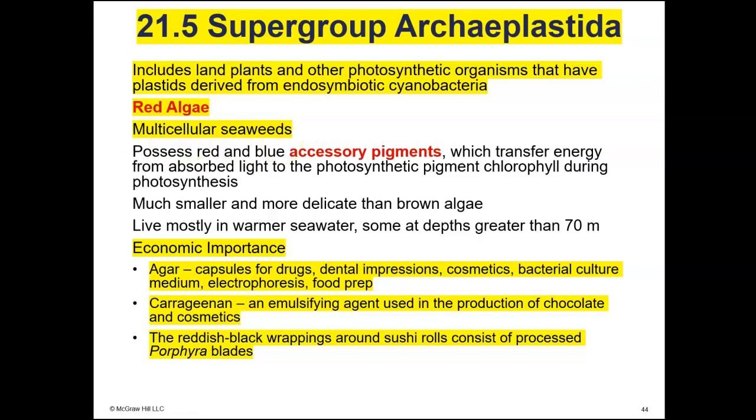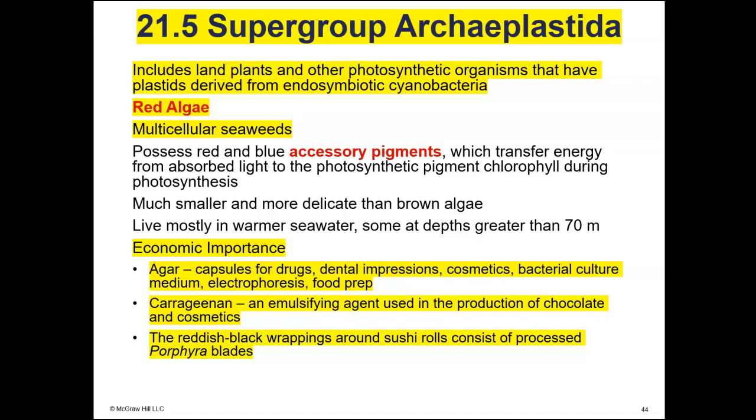The economic importance of the red algae is that they're used to produce agar, which we have used in class. We used agar to make the growth medium for our bacteria that we grew in the Petri dishes.